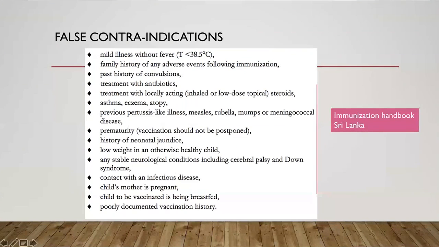Mild illness without fever, family history of any adverse events following immunization, past history of convulsions, not for JE but for other vaccines, antibiotics, treatment with locally acting steroids like topical steroids, asthma, eczema, and atopy, previous pertussis-like illness, measles, rubella, which I have mentioned before, prematurity, neonatal jaundice, contact with an infectious disease, child's mother is pregnant.